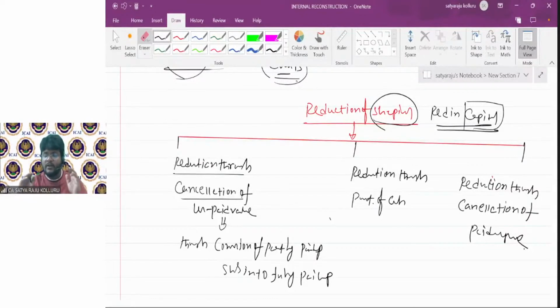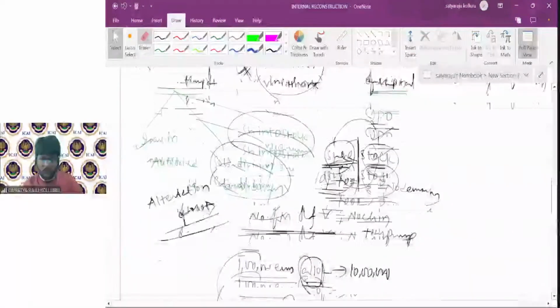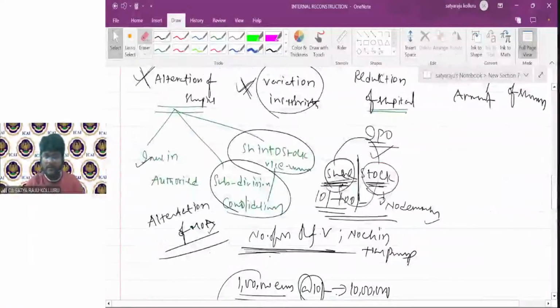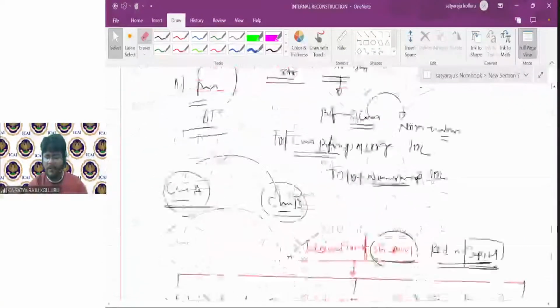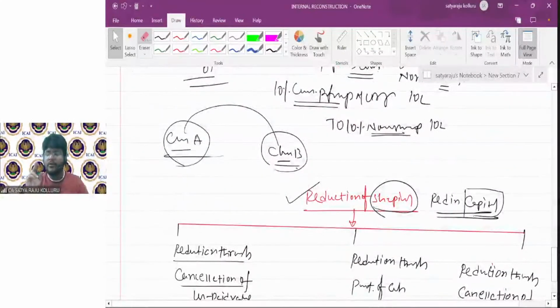But a reduction in authorized share capital or in other capitals can also be called reduction of share capital. But if you observe, increase in authorized share capital, conversion of shares into stock or stock into shares, or subdivision or consolidation are alterations of share capital, not reduction.